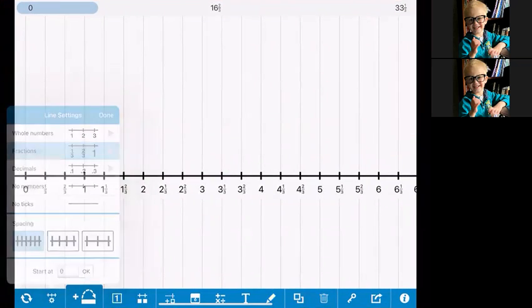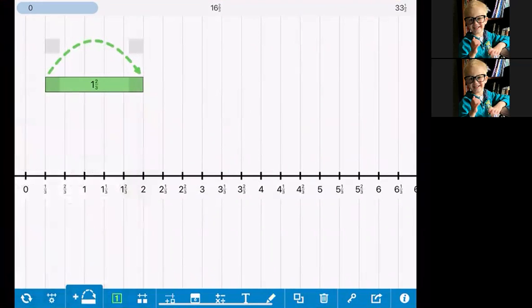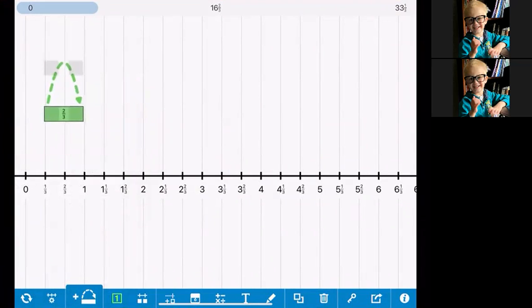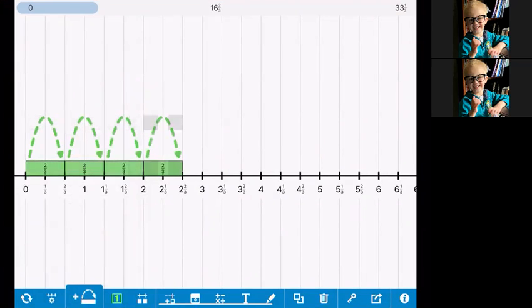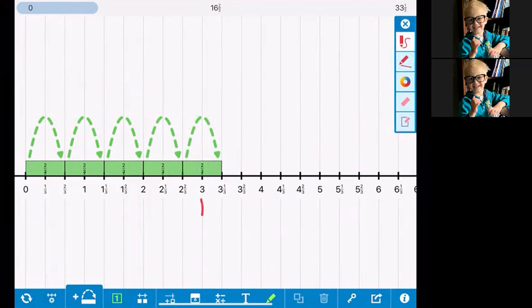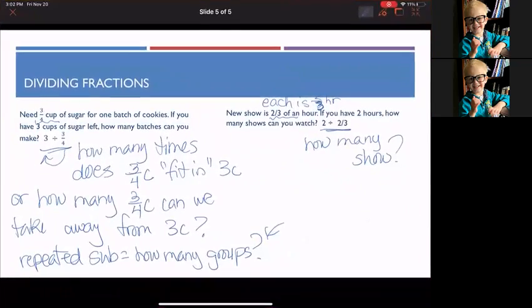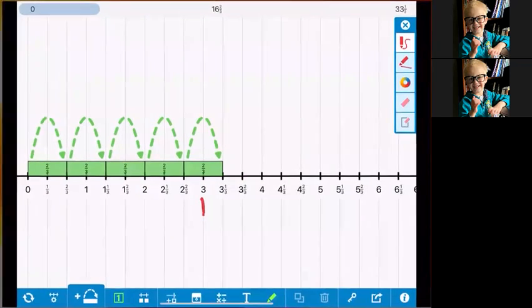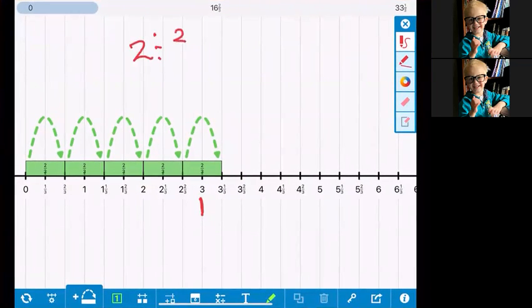And so we think about, right, how many 2/3, 1, 2, 3, 4. Uh-oh, right? This didn't go in a whole time, right? We want, no. We want, well, sorry. No, I'm playing. How many 2/3 fit into 2? Sorry.